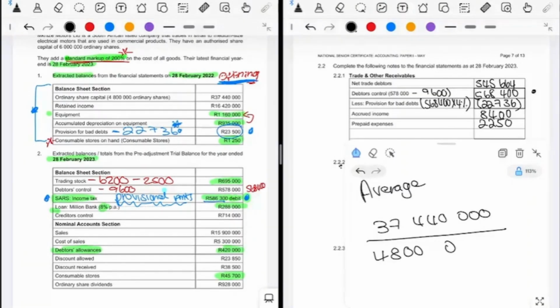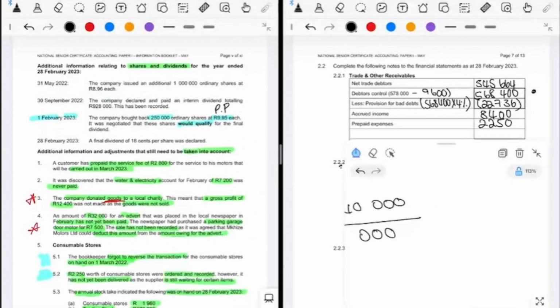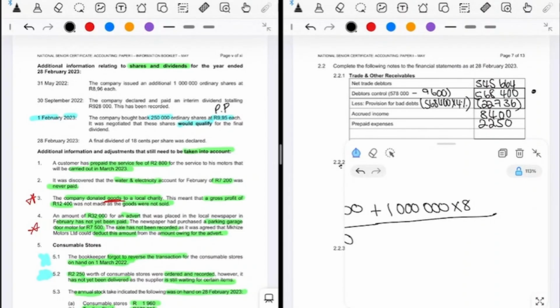And then what happened before the buyback? We issued an additional number of shares. And how much was that for? 1 million shares at 8.96. So the value will be the 1 million times 8.96. And then at the bottom, you write the number of shares, which is 1 million.